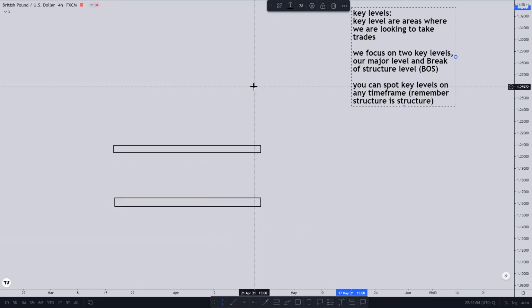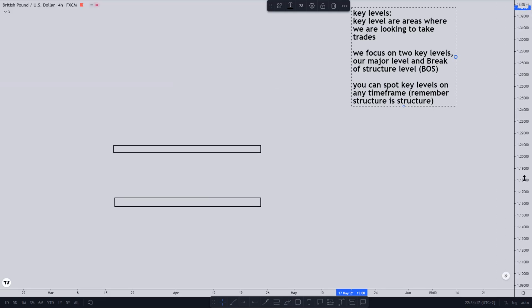The other thing is you can spot key levels on any time frame. If you're going to be trading higher time frames, you're going to enter based on key levels that you see on a higher time frame. If you're going to be scalping on the 1 minute, most of your key levels are going to be based on lower time frames.